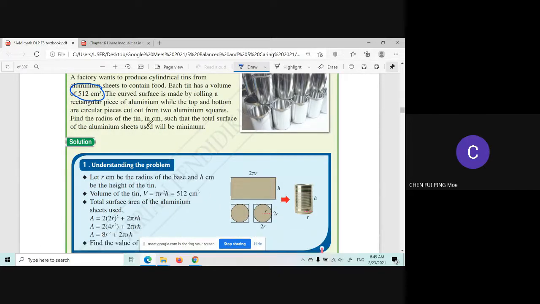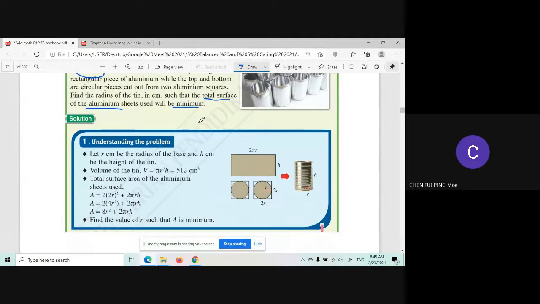Find the radius of the tin in cm such that the total surface area of the aluminium sheet will be minimum. If you use minimum area of aluminium sheet, it means the cost will be minimum, right? So this is the idea.